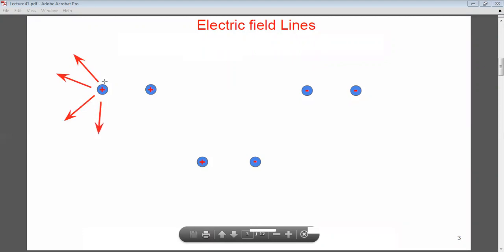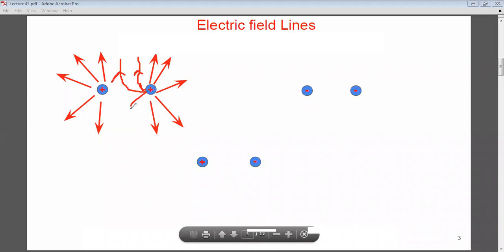And then as I come closer to the other point charge, it's outward, outward, outward. I want to draw it outward, but the other charge starts repelling it, so it will be in this way, outward and away from the other charge.